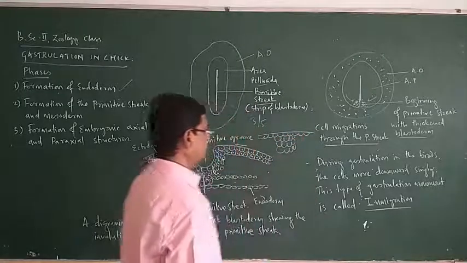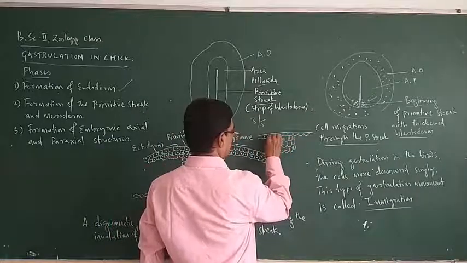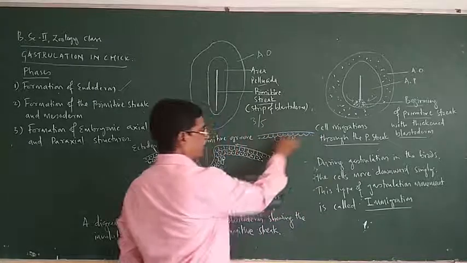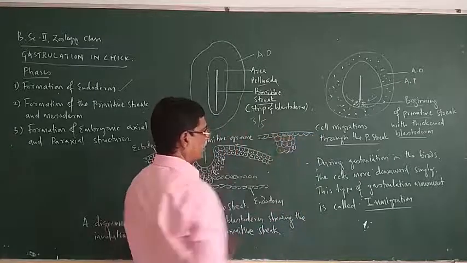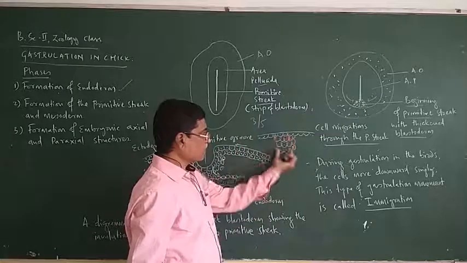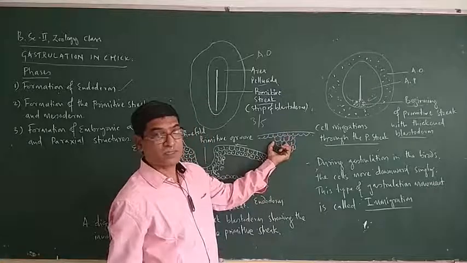So this is what the primitive streak is. This is the epiblast at the midline of the area pellucida. This blastoderm is thickened due to accumulation of blastodermal cells.